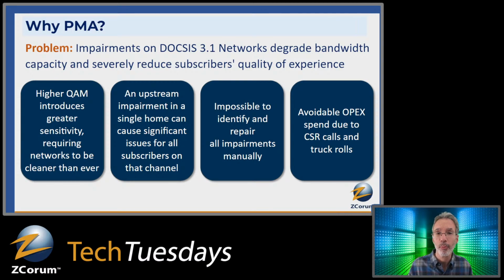It mentions here an upstream impairment in just one home can impact everybody. That's that funneling effect on the upstream. So you've got all of your subscribers on your cable plant funneling back to a CMTS, and you could have more than one CMTS, but they're all going back to one specific CMTS, and one subscriber out there can impact everybody on that channel.